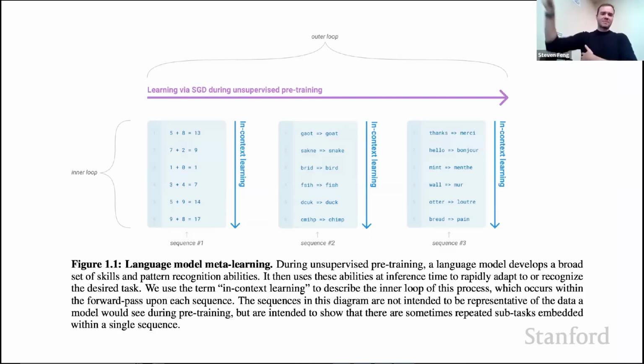And so in this paper, they distinguish this outer loop with stochastic gradient descent and this inner loop of the in-context learning. The inner loop is as the transformer is sort of reading the sequence, and the outer loop is the training by gradient descent. So basically, there's some training happening in the activations of the transformer as it is consuming a sequence that maybe very much looks like gradient descent.